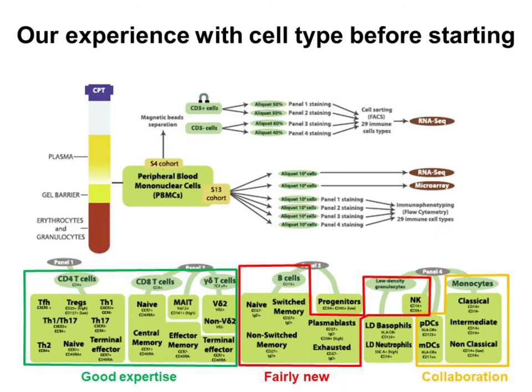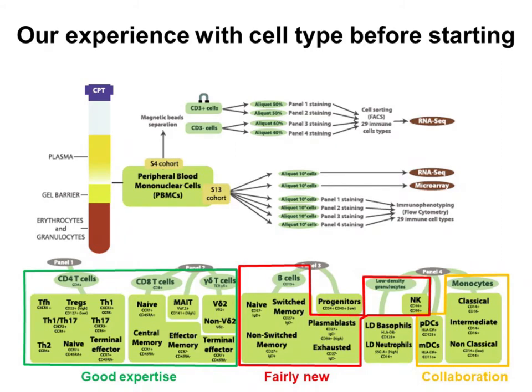Our experience with the cell type before starting the panel design, I think it's important to show, because it tells you that it's good to have experience with the cell of interest, but as a platform we also have requests from scientists to study cells we don't necessarily have experience with. We had a good experience in T cells.